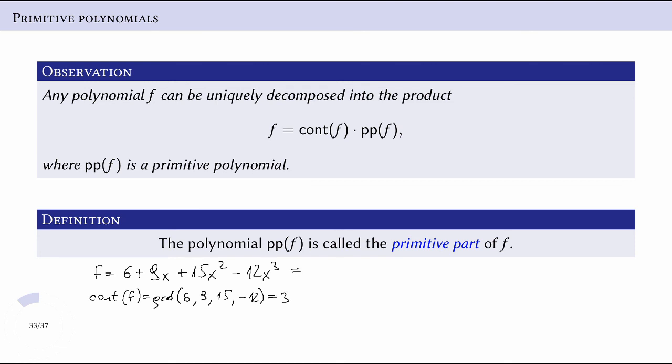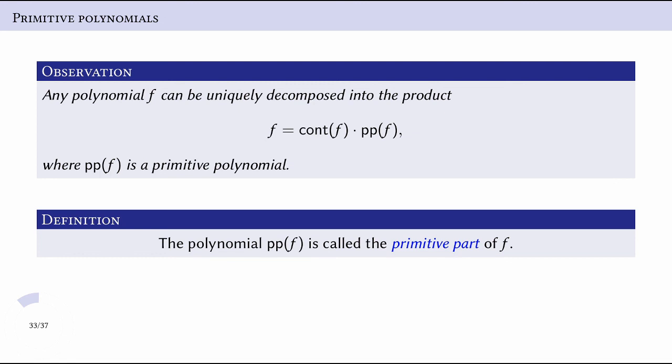So we can write f in the form 3 times (2 plus 3x plus 5x squared minus 4x cubed). So this is the content, and this is the primitive part of f. As you see, this is not a difficult theorem. This is a very simple observation.